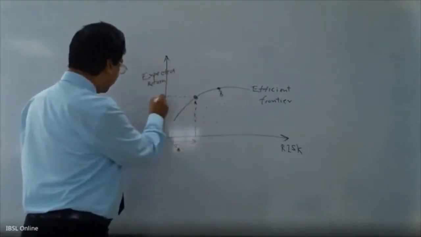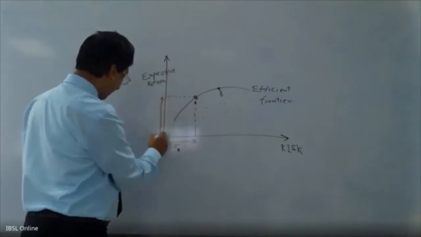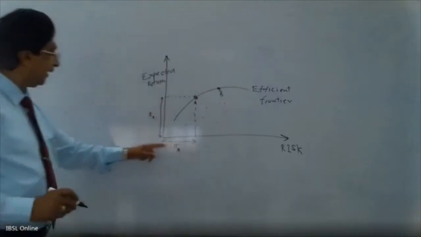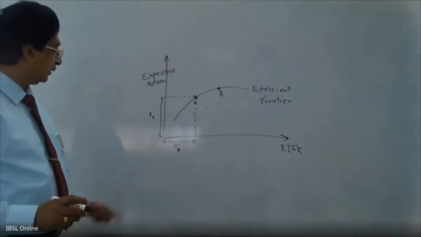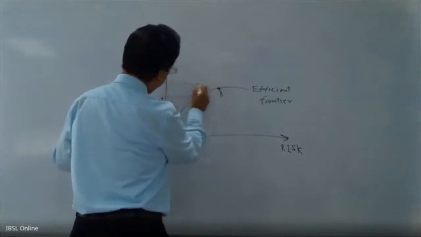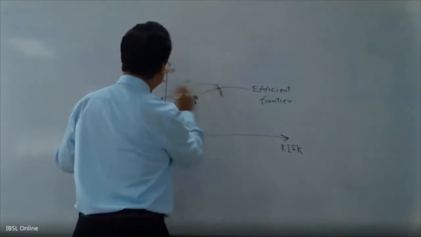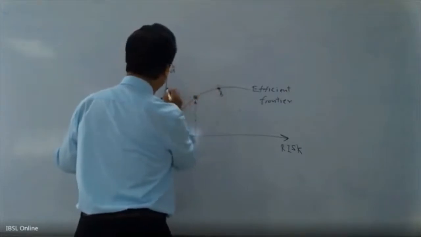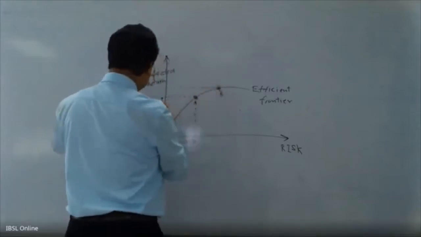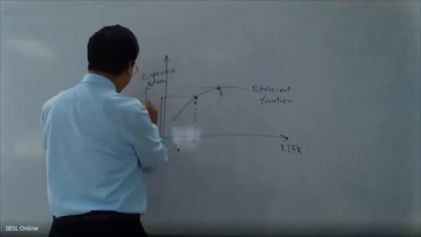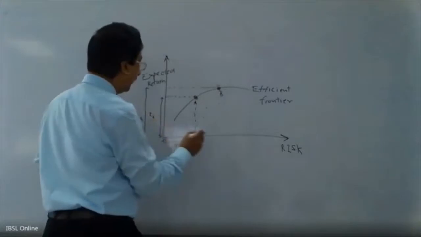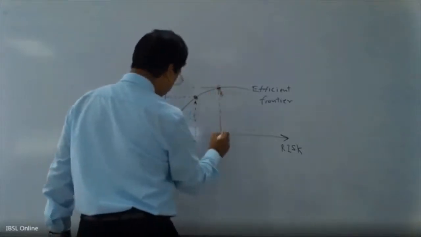And this is the return of this portfolio, we can say RA. Sigma A, RA. Right? And if you take the other portfolio, what is the return of this portfolio? RB. What is the risk of this portfolio? Sigma B.